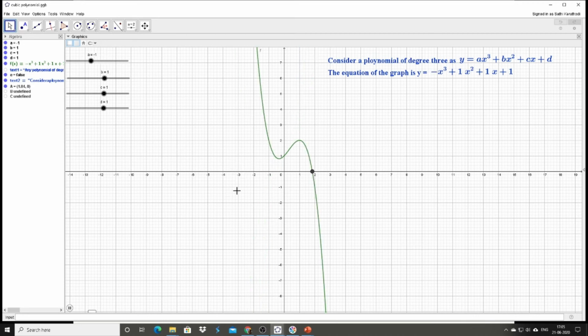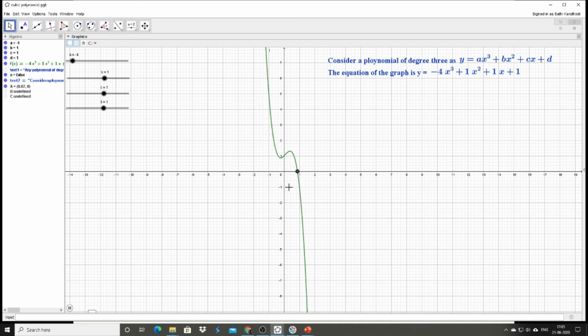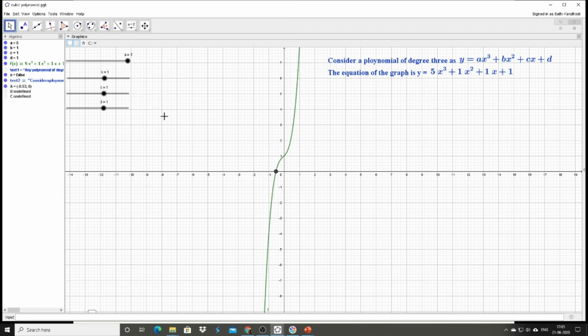When A is given different values, we concentrate on the points of intersection. See, here we can see for different values of A, the graph intersects the x-axis at 1 point. Now we will keep A as a value, A equal to 5, and we will give different values for B. When we give different values for B, the graph moves along the x-axis and takes different shapes.